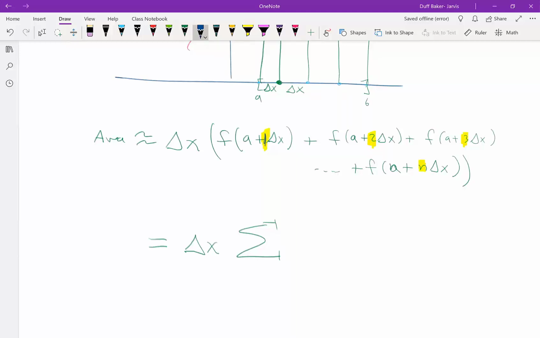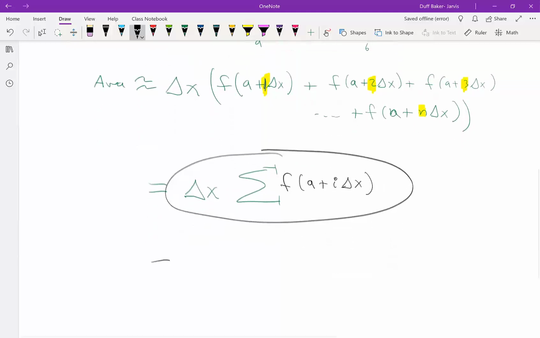And so what goes in our sum is f of a plus i delta x. Okay, so this is a formula we're going to be using. More commonly, we're just going to write it out a little bit more explicitly because we'll just paste in what delta x is. Oh, and I should put bounds here. i equals 1 to n. So our approximation using n rectangles is this.